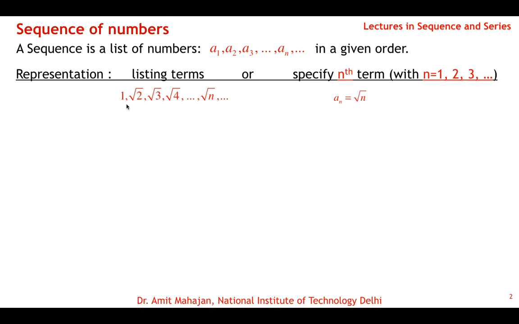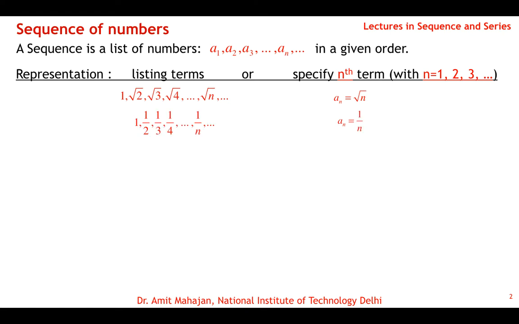The first sequence is given as an example here as 1, root 2, root 3, root 4, and so on, root n, and so on. Or we can simply write this by specifying that the sequence is an with nth term an given by root n, and if you take n as 1, 2, 3, we get all the elements of the sequence.